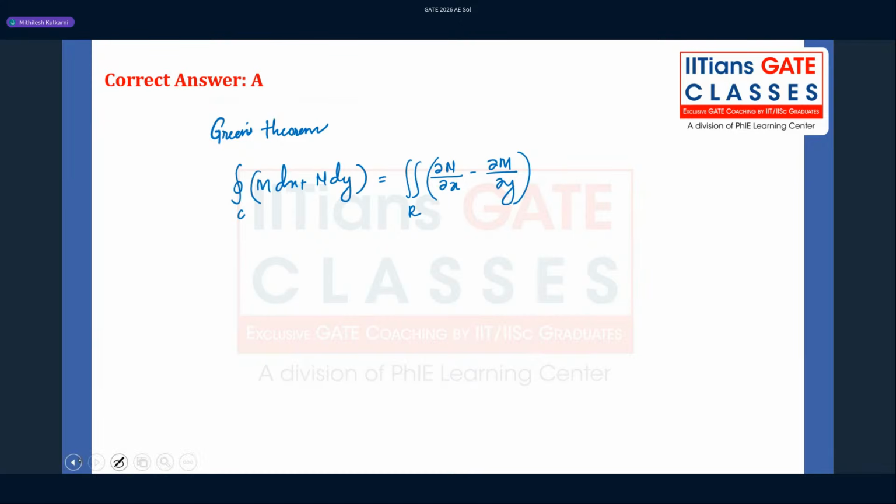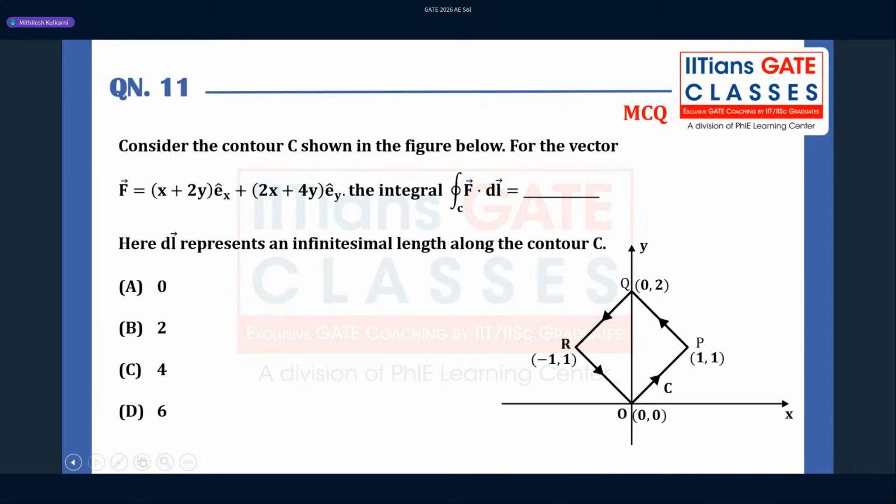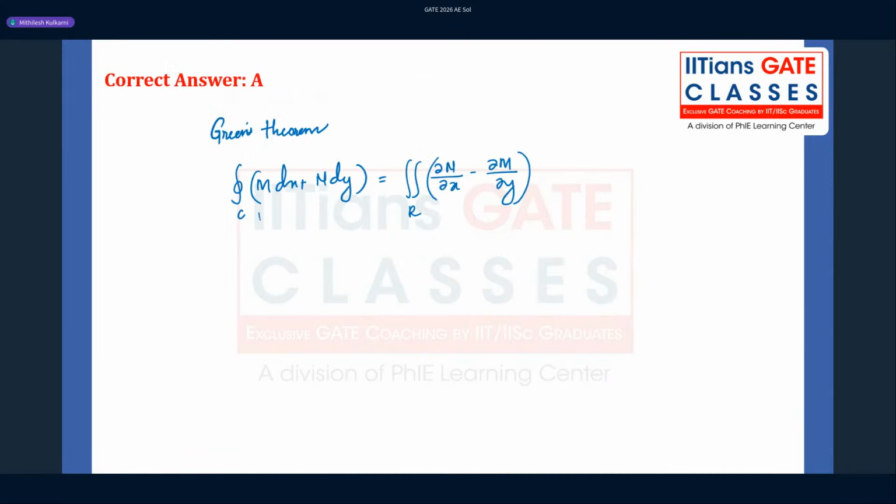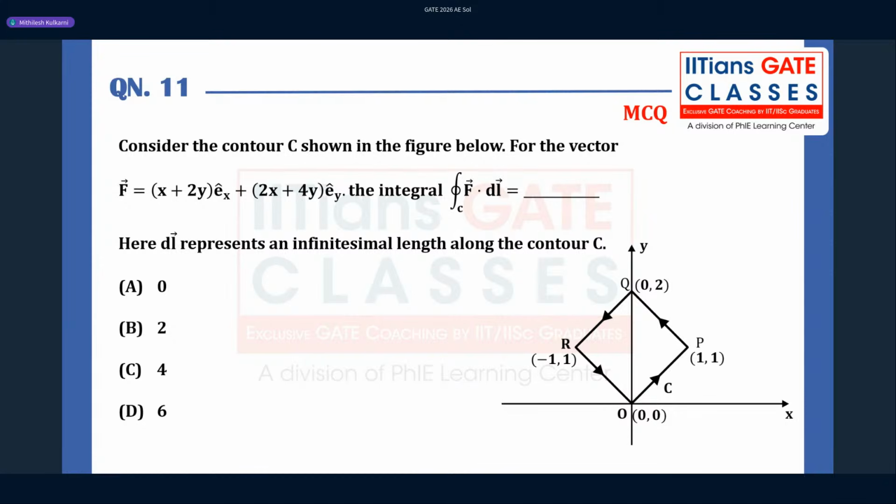This Green's theorem is used to convert the integration over a closed curve into a region integral. We can clearly see this is integration over a closed curve, and we can convert it into a region integral using Green's theorem. However, the format is slightly different. This is m dx plus n dy, but you can easily get this format: when you take the dot product with dl bar, which is dx i plus dy j, you directly get m dx and n dy.